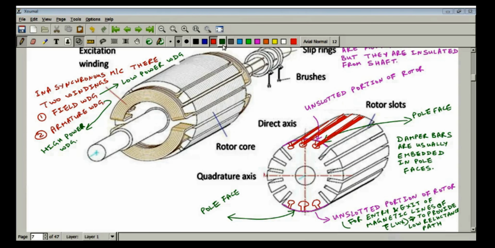So this is one end, they will be short circuited by a metallic strip, usually from the same metal from which the damper bars are built, and over here also they will be short circuited by a metallic strip.